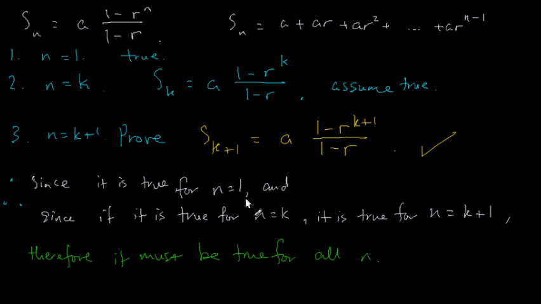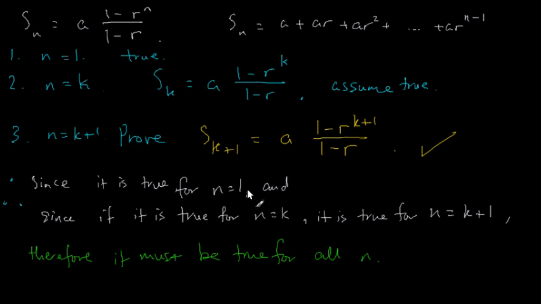It's true for n equals 1. Then the next sentence proves that if it's true for n equals any particular value of k, then it's always true for the next value of k. And the reason why we can conclude this is because we can apply the second sentence here to the first sentence. So if let's say k is 1, then according to the second sentence, if it's true for n equals 1, it must be true for n equals 1 plus 1, which is 2.